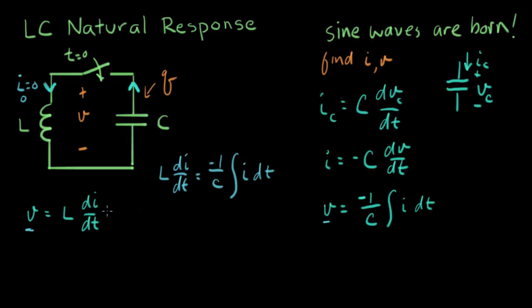All we did was set the two identical voltages equal to each other. And now I'm going to manipulate this a bit. It says that L di/dt plus 1 over C, the integral of I dt, equals 0. We just gathered the terms on one side, and the other side became 0.